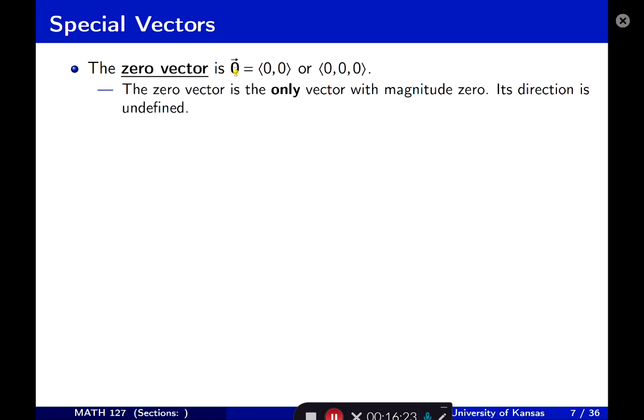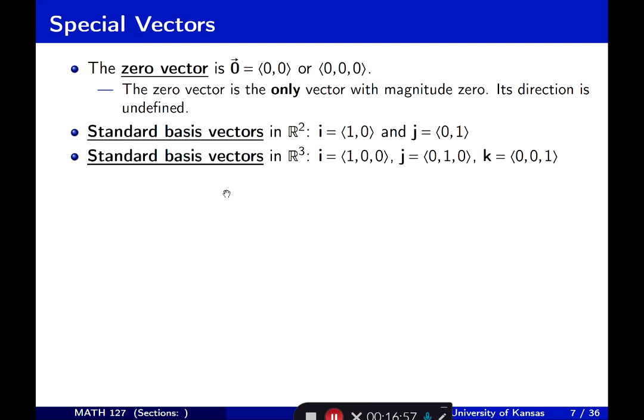You cannot boldface in handwriting, so you just have to put the vector sign on top of it, and that means, depending on whether the vector is in 2 dimensions, 3 dimensions, or so on, either (0, 0), or (0, 0, 0), or however many zeros in the vector format. The zero vector is the only vector with magnitude 0, and its direction is undefined, so it doesn't have any direction.